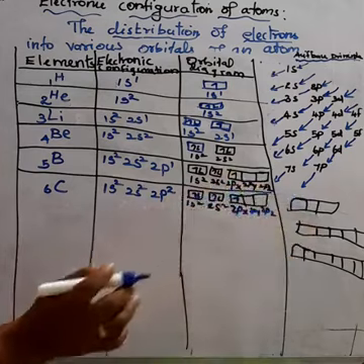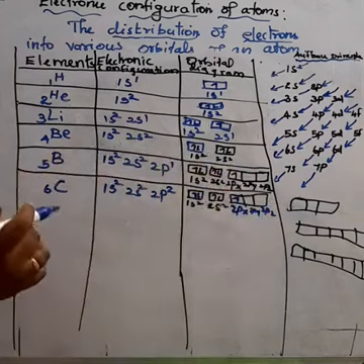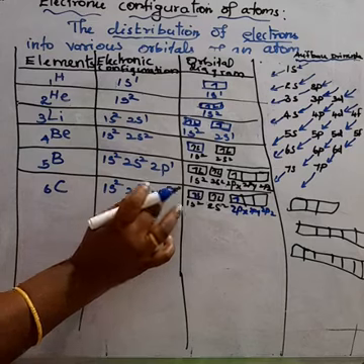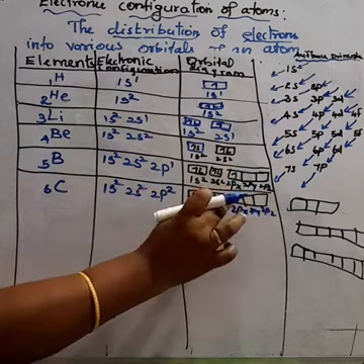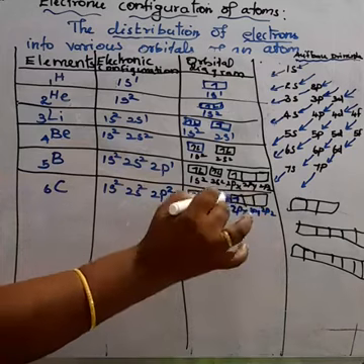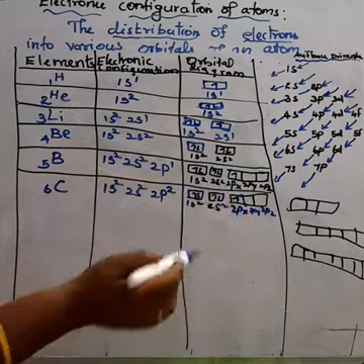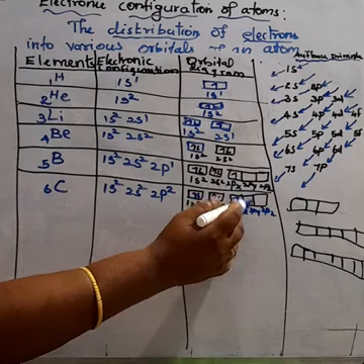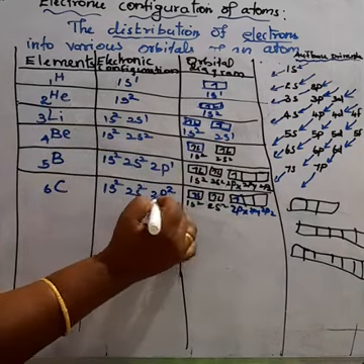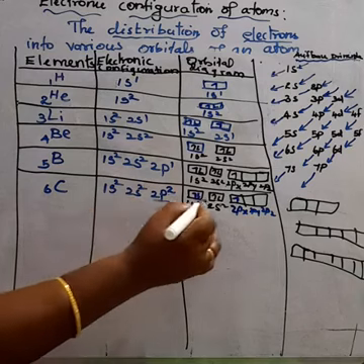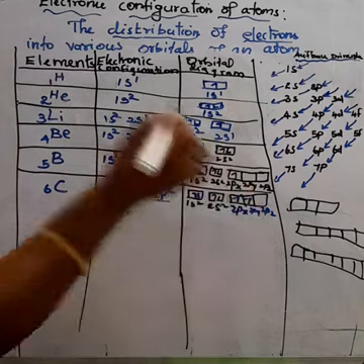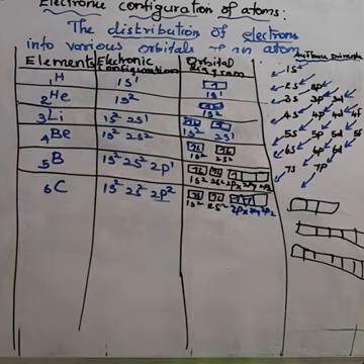Here 3 orbitals are available, so first we should fill all of them singly, and after that we can pair the electrons. For the carbon atom there are 2 electrons in the p orbital, so first we fill singly, first one and then the next one.